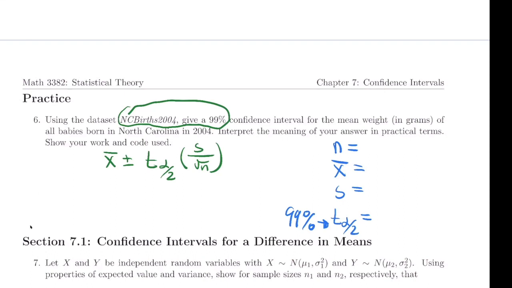Okay, I will actually stay. I'll just write out what the commands would be that I would use here. The variable for the weight is called weight. So what I might want to do is calculate the mean. I could do mean NC births.